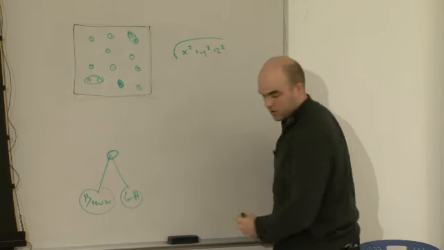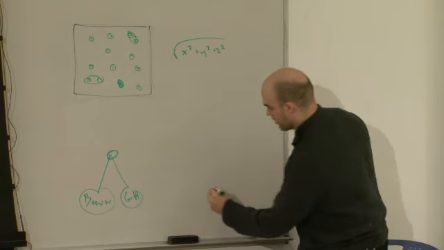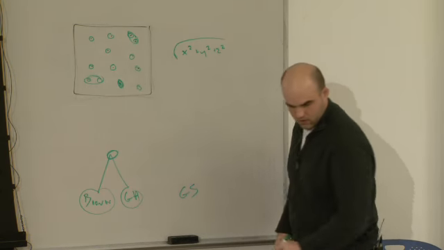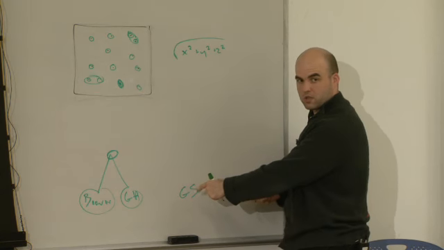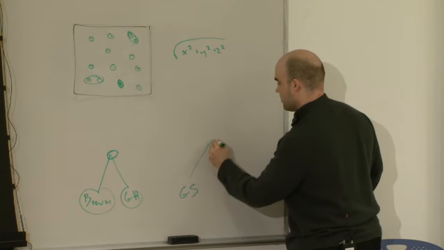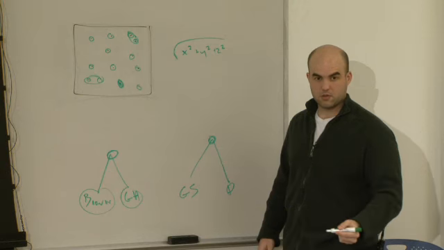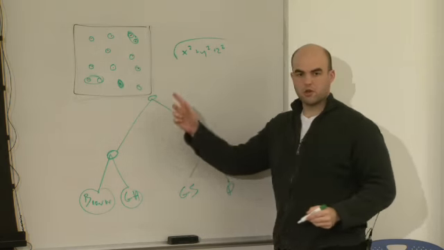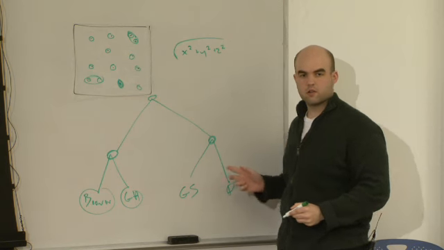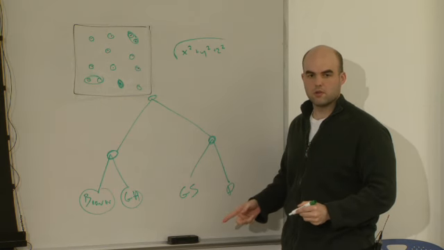Then the gray squirrel and the porcupine, same thing. They started off in their own clusters at the beginning, and they got merged. Now what this step is saying is that these two clusters get merged. So we're building this tree or hierarchy. That's where the hierarchical comes from.